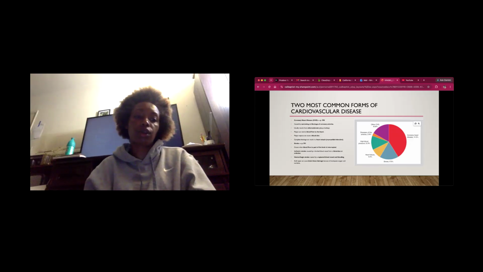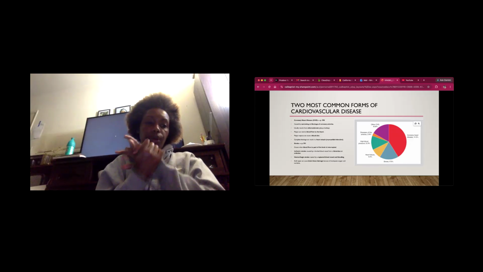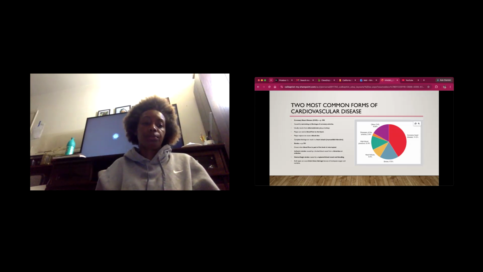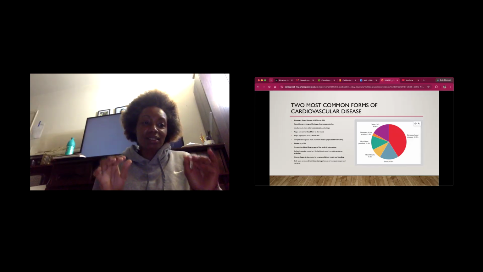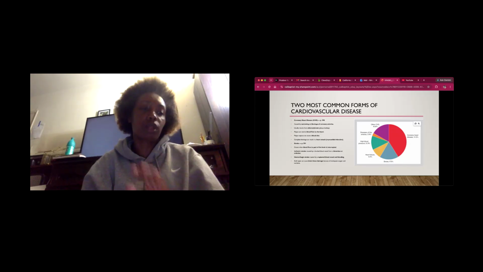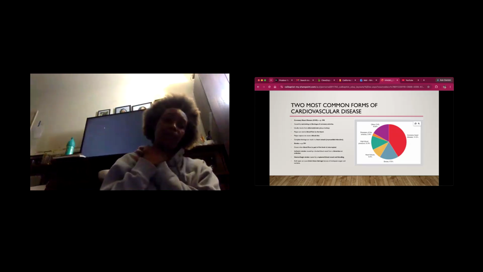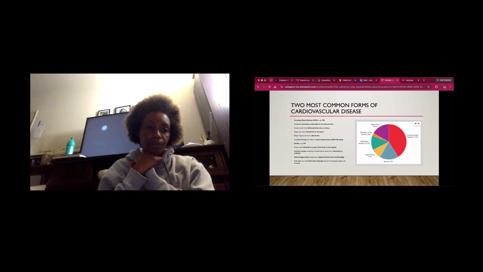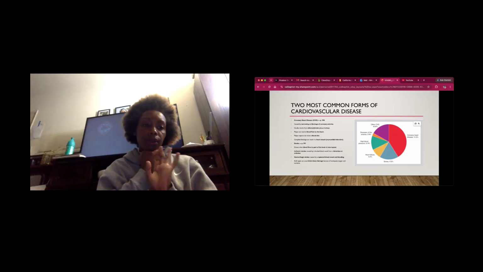Strokes occur when blood flow to part of the brain is interrupted. I'm going to say this one wrong again. An ischemic stroke, which is the most common type, occurs when a blood vessel supplying the brain becomes blocked by a thrombus or embolus.